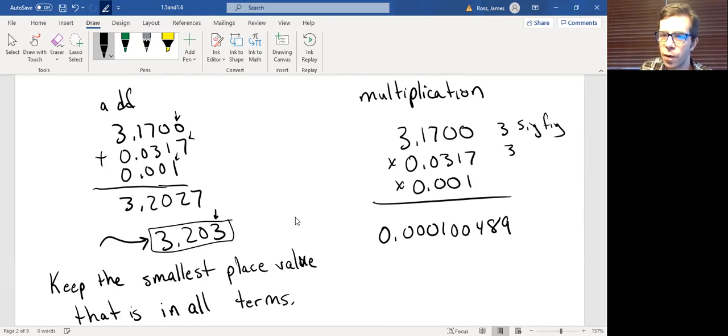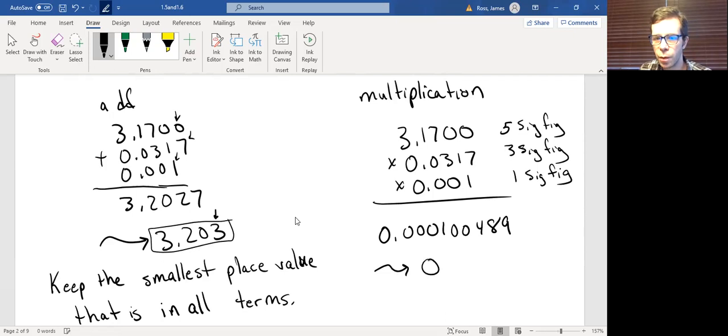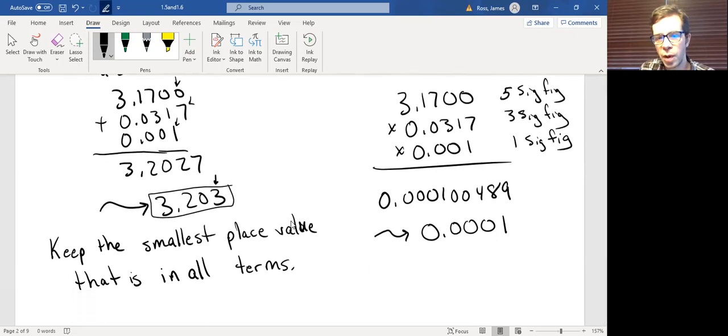Here we have, or sorry, that's 5. 3 sig fig and 1. So when we would round this, we would round it to 0.0001 would be our rounded value here. So when you multiply, you keep the smallest number of sig fig.